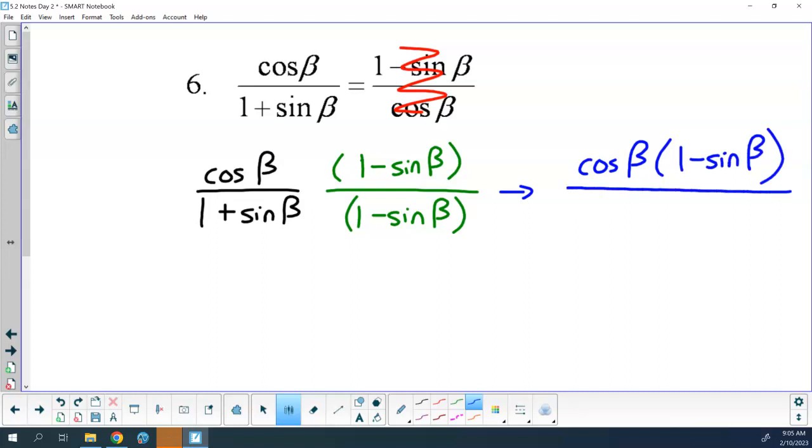On the bottom here, we get 1 minus sine beta plus sine beta minus sine squared beta.